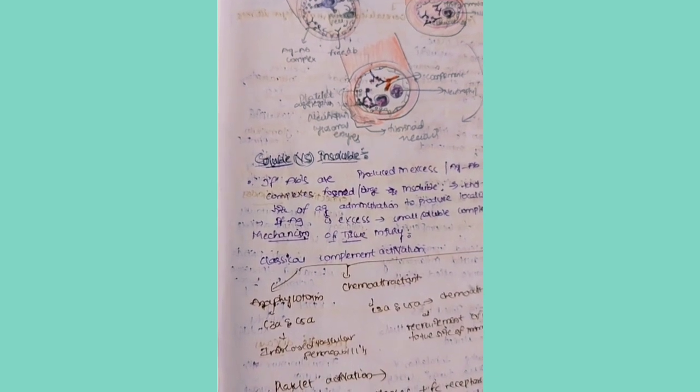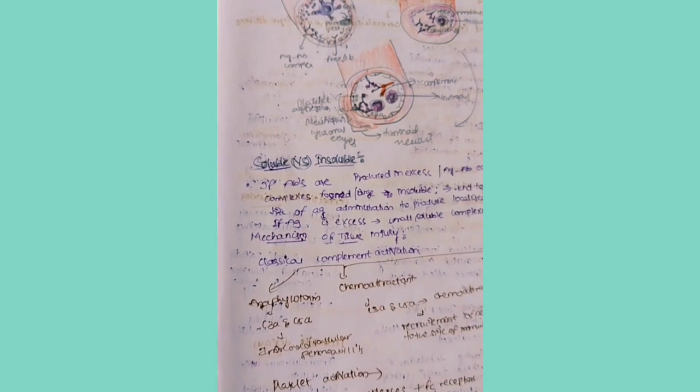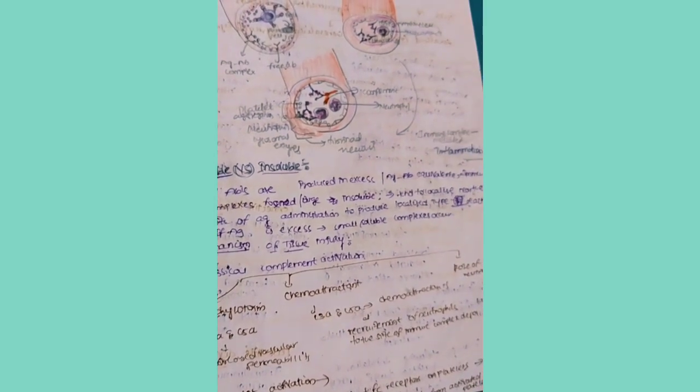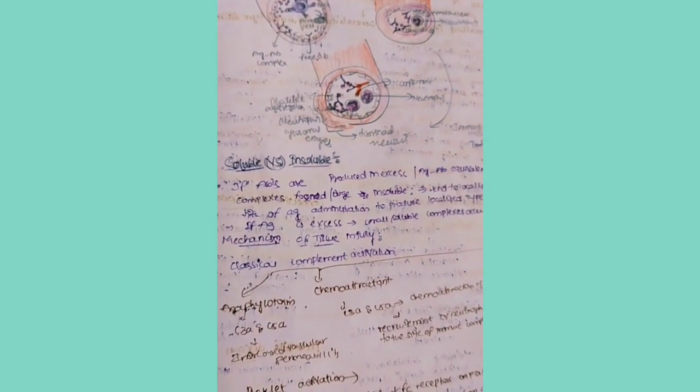If there are more antigens and fewer antibodies, they form soluble immune complexes. If there are more antibodies and fewer antigens, they form insoluble immune complexes, which tend to localize near the site of antigen administration.